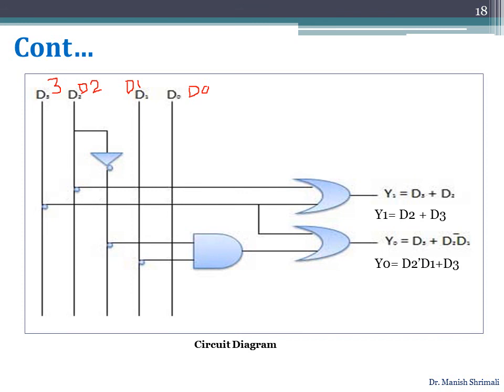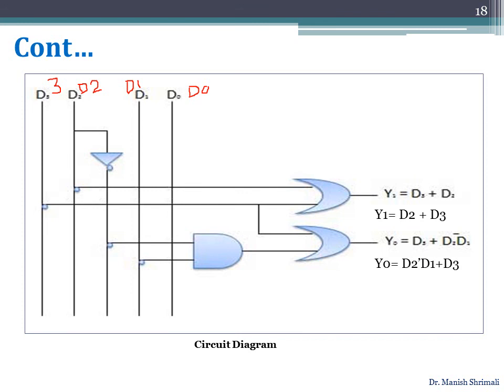So Y1 is equal to D2 plus D3, and Y0 is equal to D2 complement D1 plus D3. This is an AND gate, and from here we are getting D2 complement and this is D1, so that is D2 complement D1.